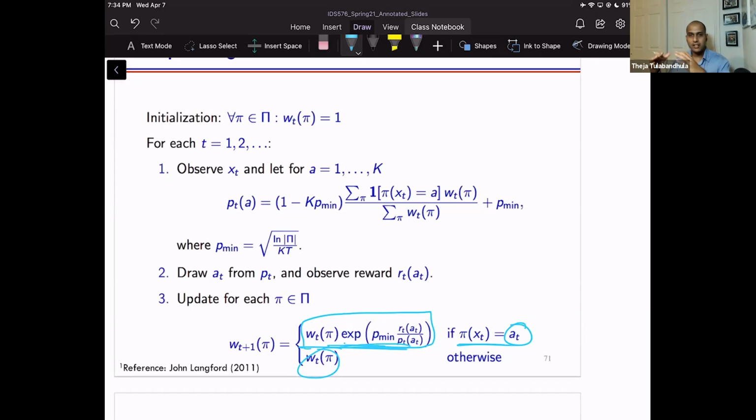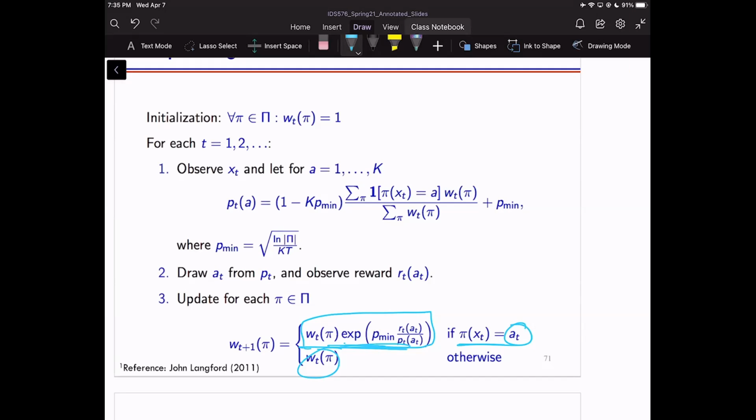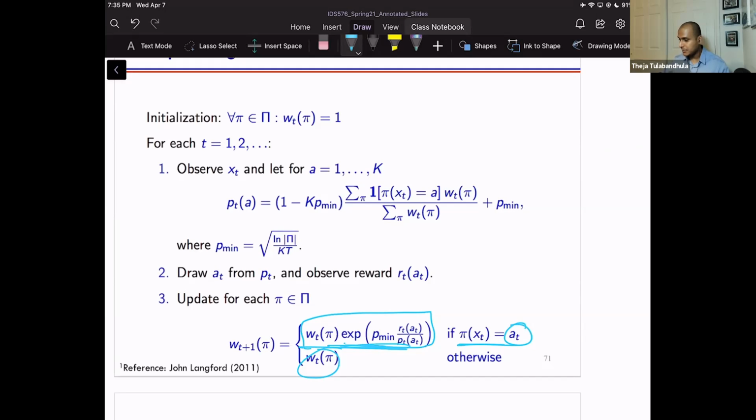Similarly, for policies, if you think of the linear function class, policies are just functions, so there are also an infinite number of them. Still, this algorithm, EXP4, will not work because you have to maintain a distribution over each policy. If you had a finite number of policies but infinite number of contexts, that's fine, this algorithm would work.